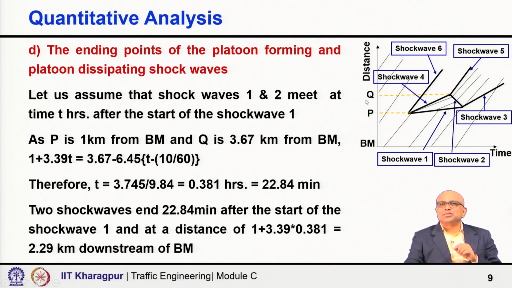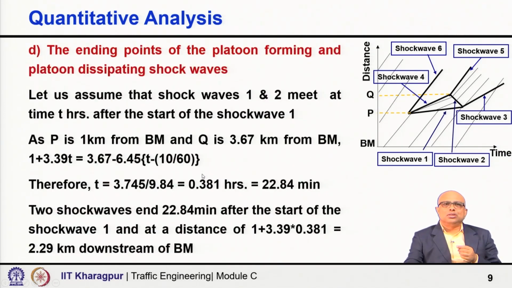So, these two shock waves, the forming and the recovery shock wave, shock wave 1 and shock wave 2, will meet at a distance 2.29 kilometer downstream of the benchmark. That is the location.